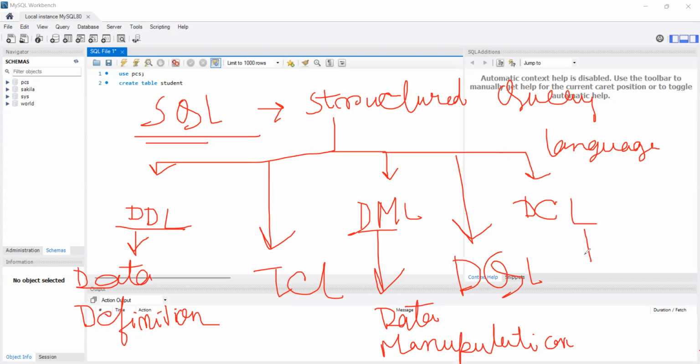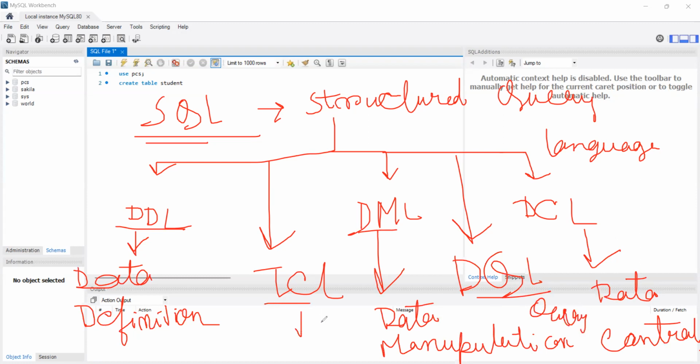This is data control, and then DQL, data query language. And TCL is transaction control language. Transaction control. Okay.